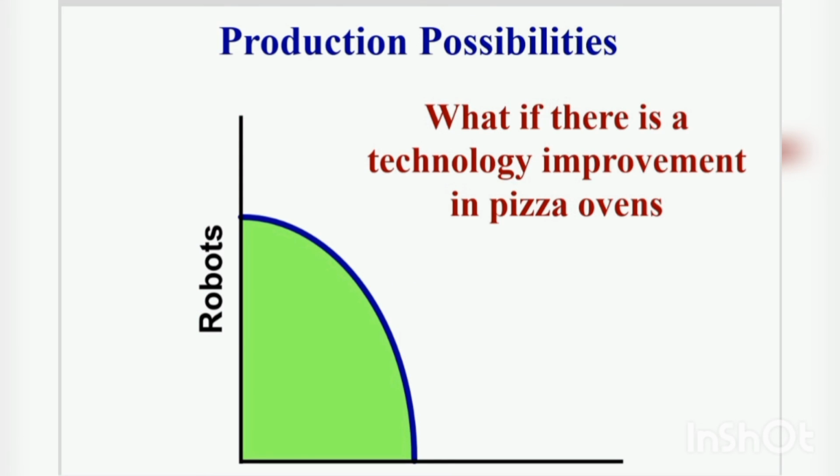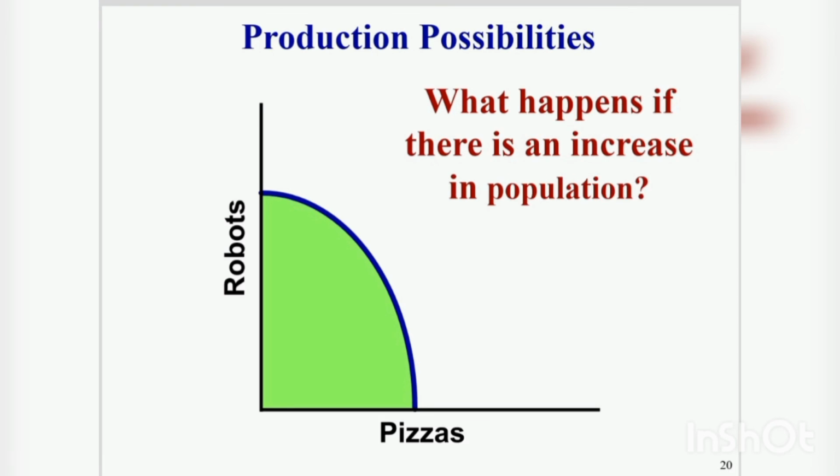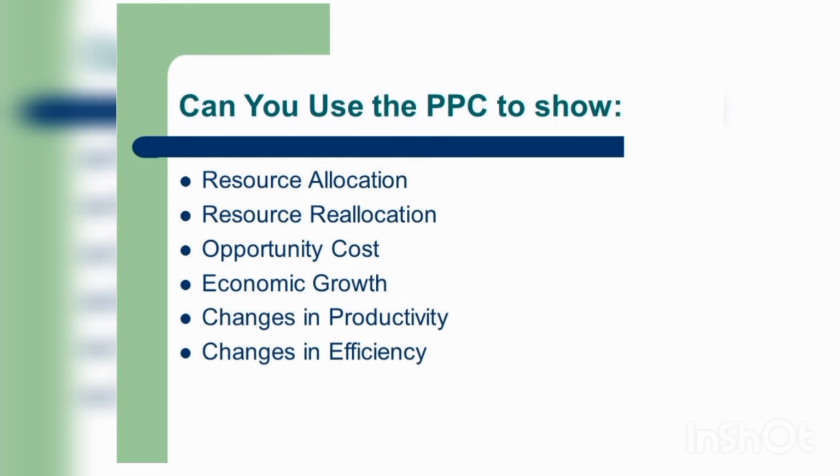The production possibility curve changes due to many reasons. The first one is technology improvement, and also an increase in population. So the production possibility curve is used for resource allocation, resource reallocation, to know opportunity cost, to know economic growth, to know the changes in productivity of a commodity, and to know the change in efficiency of a commodity.